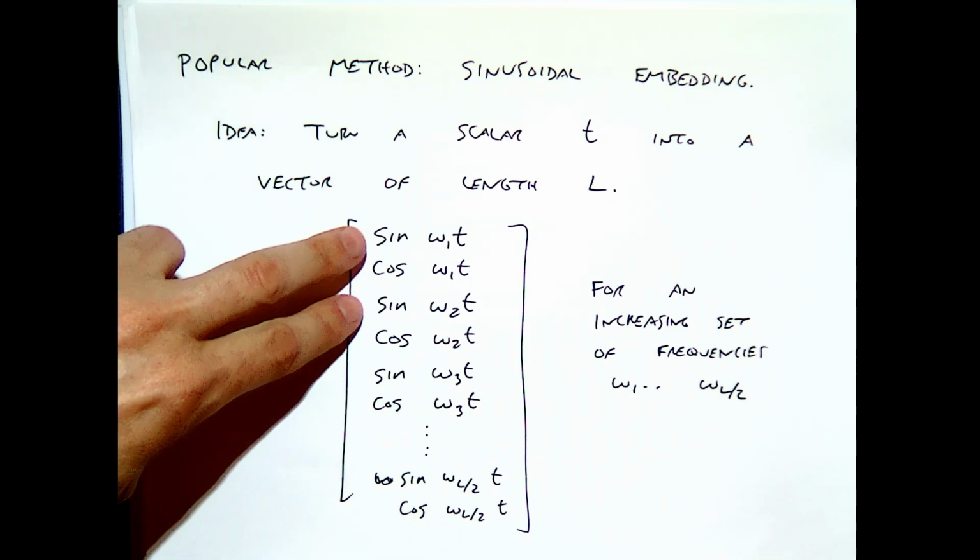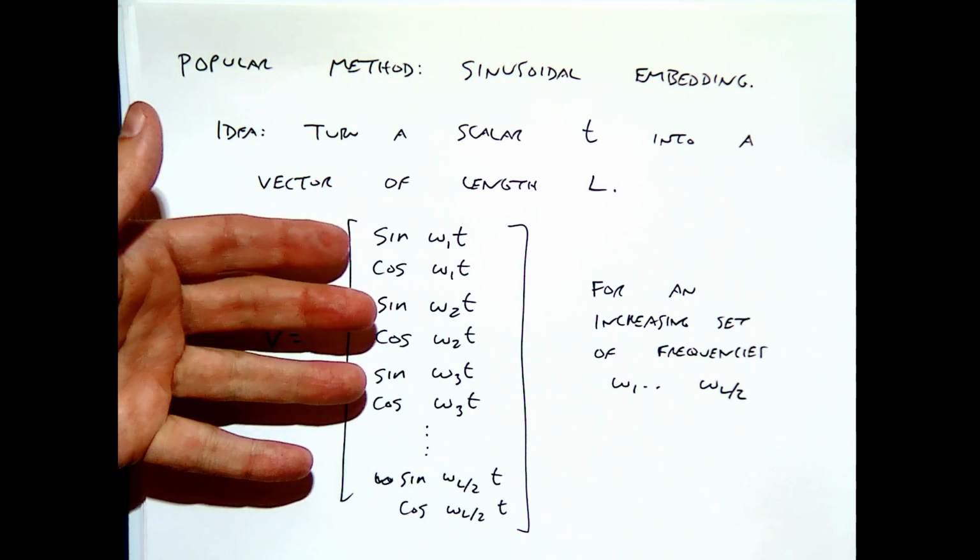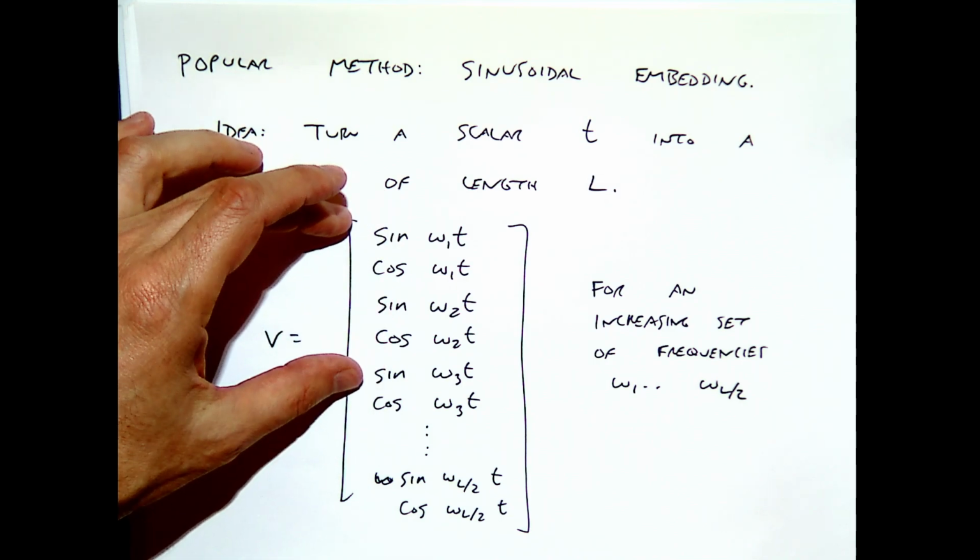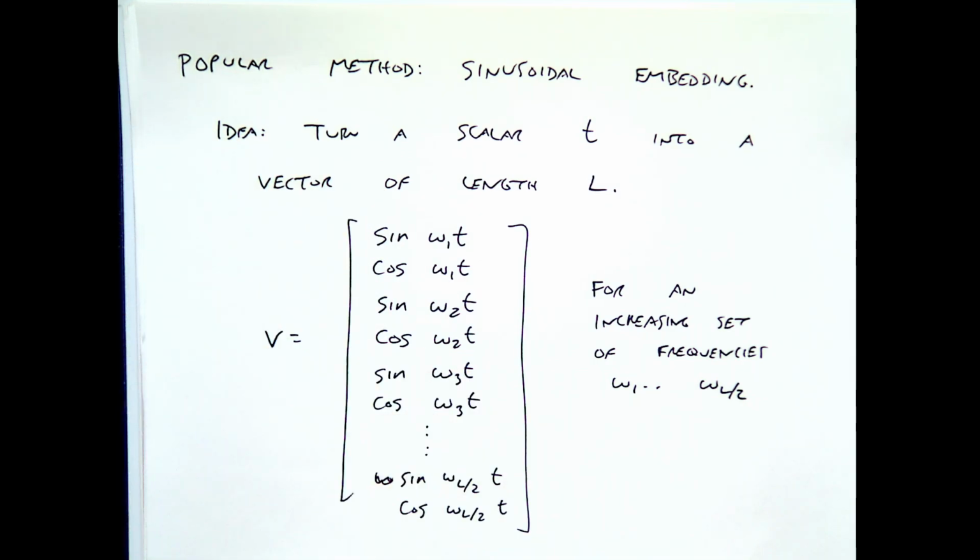In practice, the sines are all at the top of the vector and the cosines are all at the bottom, so they're not interleaved like I drew it here, but it doesn't really matter that much. And the frequencies are chosen to not be linearly progressing.